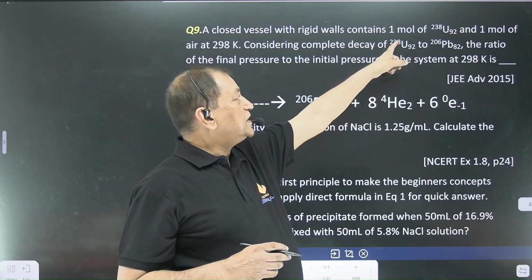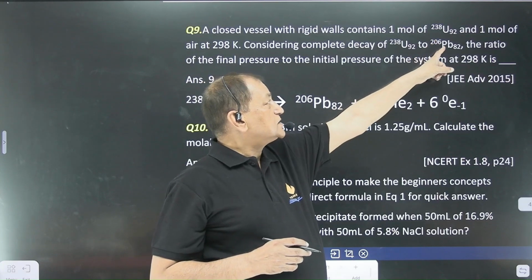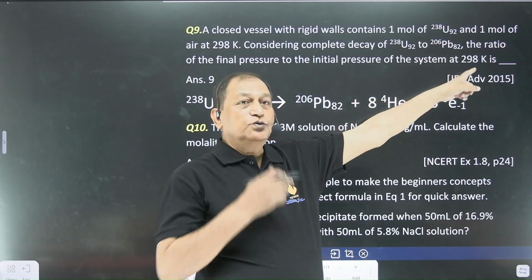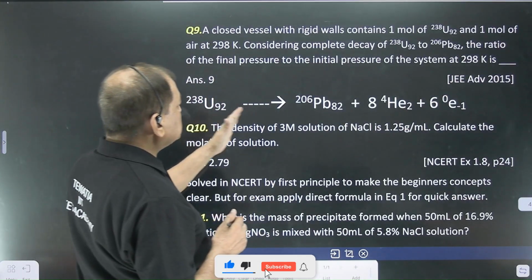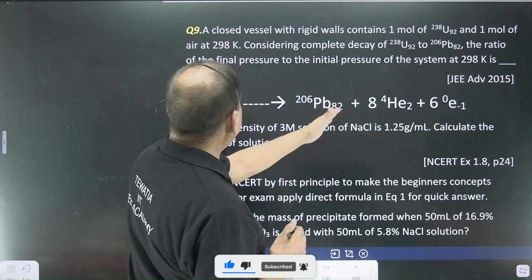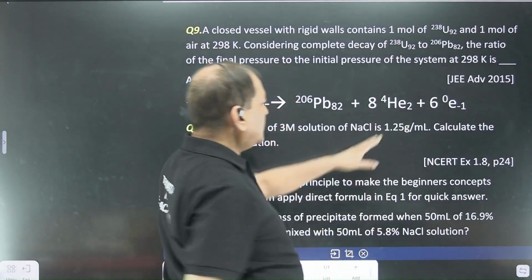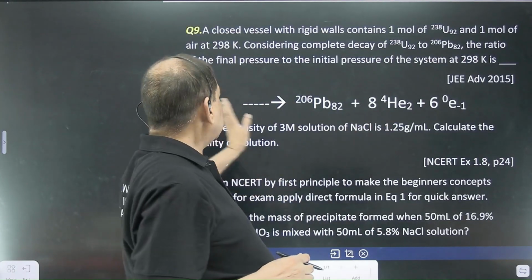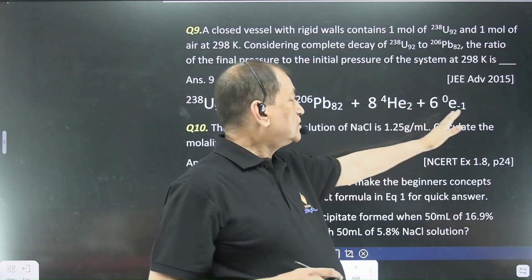So 238 is mass, this is charge. It decays to 206, this mass, and 82, this charge. So this is uranium, this is decayed lead 206, 82. So let us write this equation. This is helium ion. When this decays, it gives this lead, helium ions and electrons.